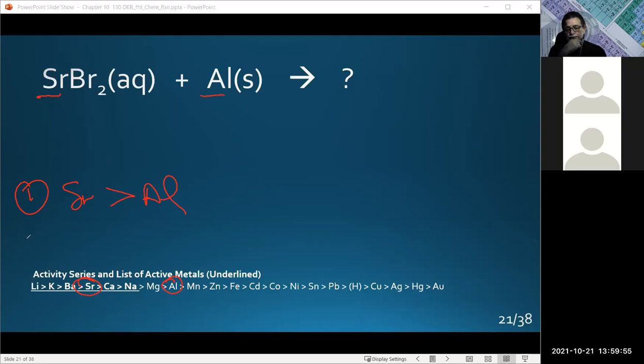Now, second question, is the most reactive metal in ionic form? It's either yes or no. Is strontium, the most reactive metal, in ionic form? Is strontium a compound, the way it's written in the equation?